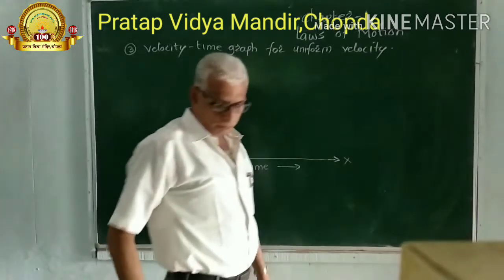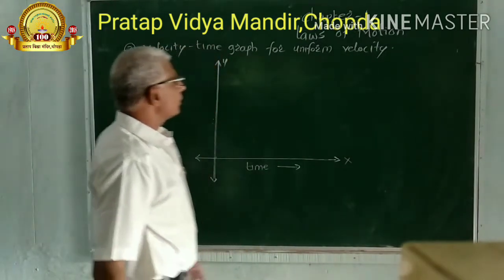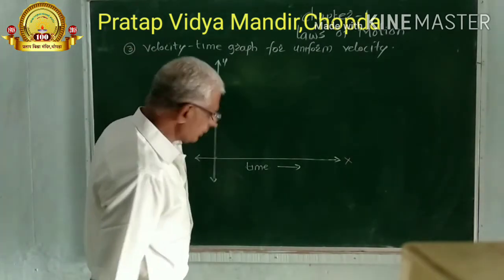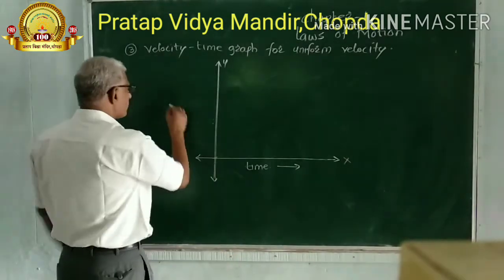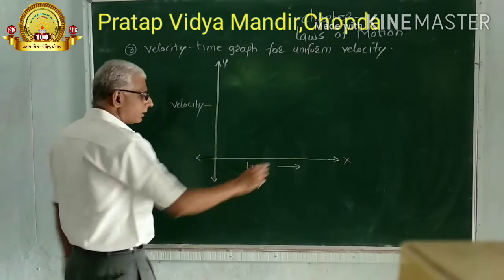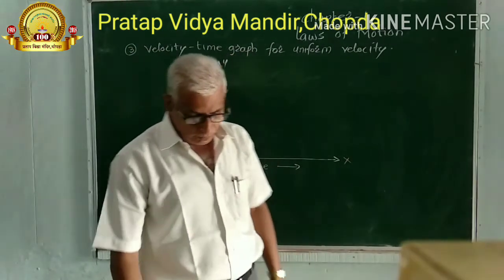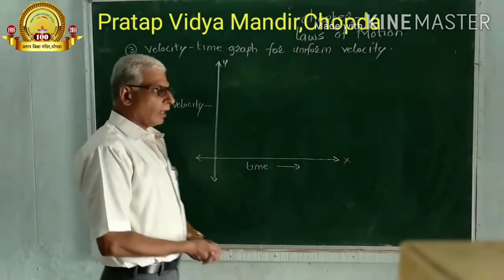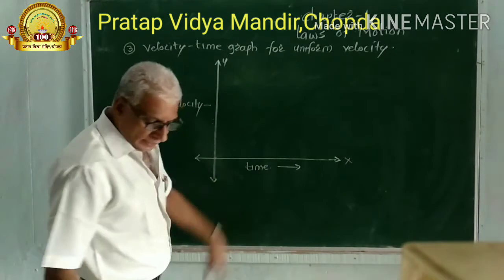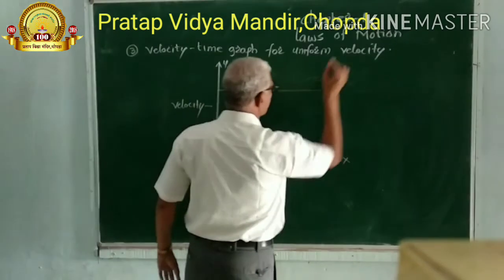Here also, to draw this graph, velocity is taken on the y-axis and time on the x-axis. The velocity-time graph becomes a straight line which is parallel to the x-axis.